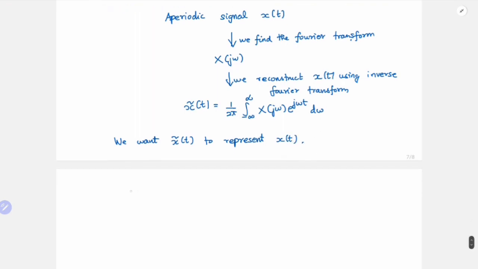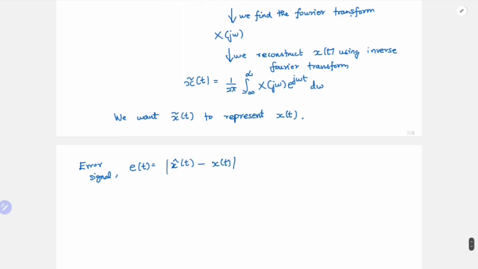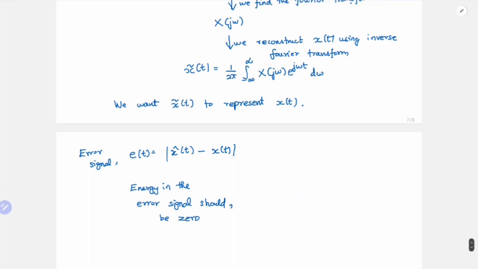Or in other words, the energy in the error signal e(t), given by x̃(t) minus x(t), should be 0. That will give the optimal solution, right? We already derived it for the periodic counterpart.